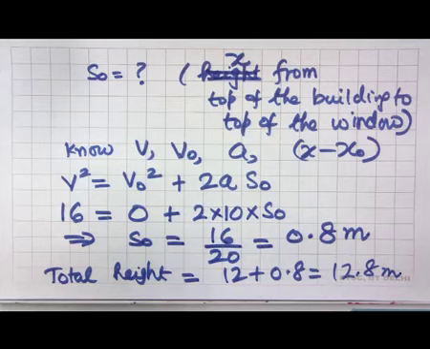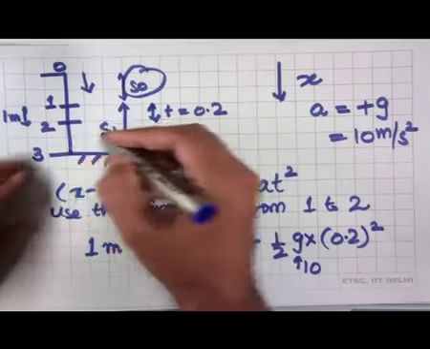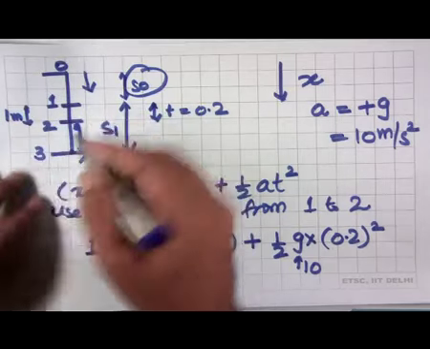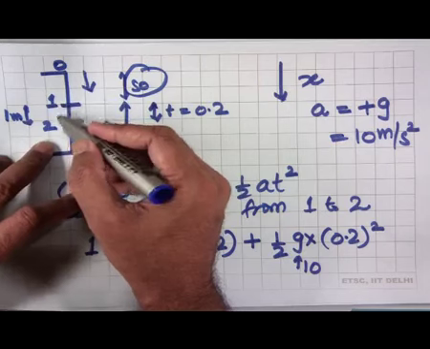So, now we have obtained this solution using one set of formulas. Someone else could have divided this distance from 2 to 3, worked out, because we know the time and the velocity at 1 and the distance.